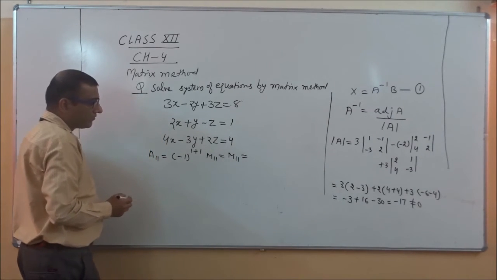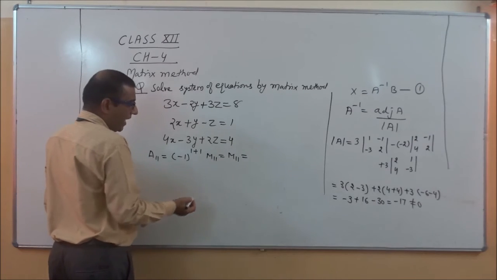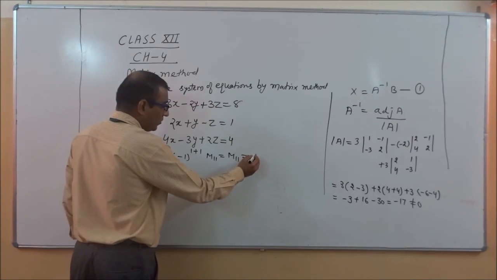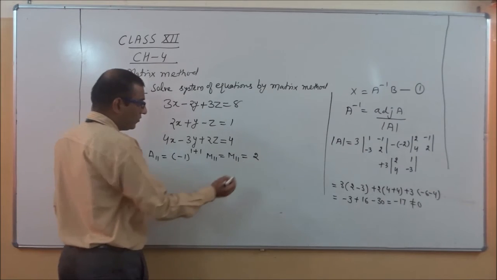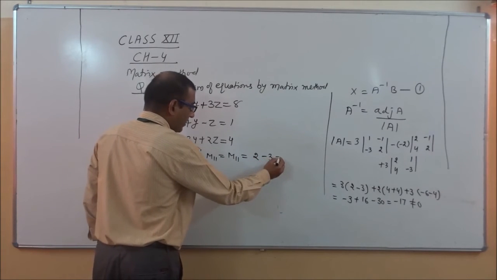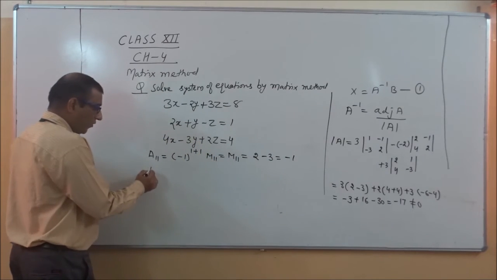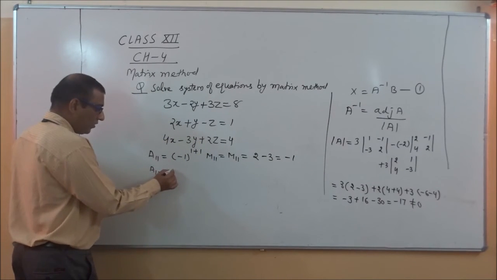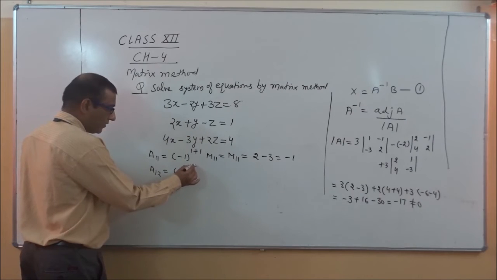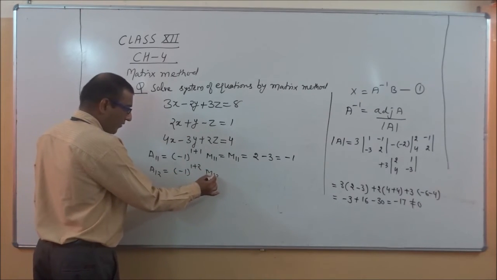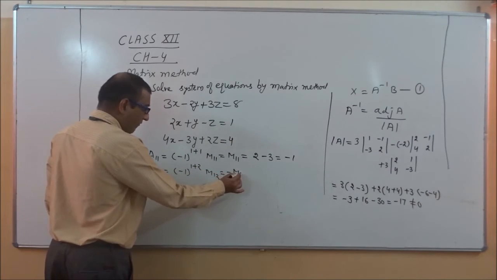It means we can say M11 is equivalent to 2 minus 3, it becomes minus 1. Same procedure we will do with A12, so it can be written as minus M12.